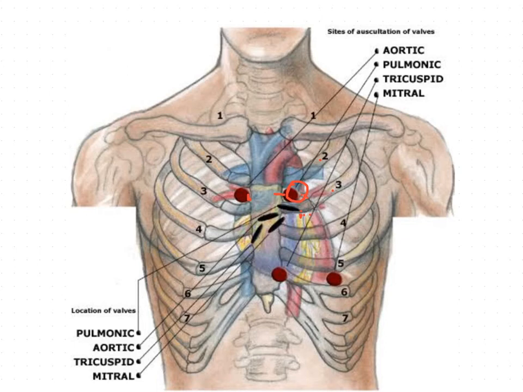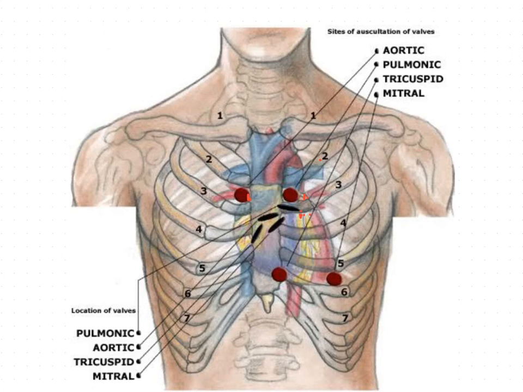Now coming to the aortic valve. So here comes the aortic valve. The aortic orifice is also 2.5 centimeters, a slightly oblique line, 2.5 centimeters long behind the left half of the sternum at the level of the lower border of the third costal cartilage.